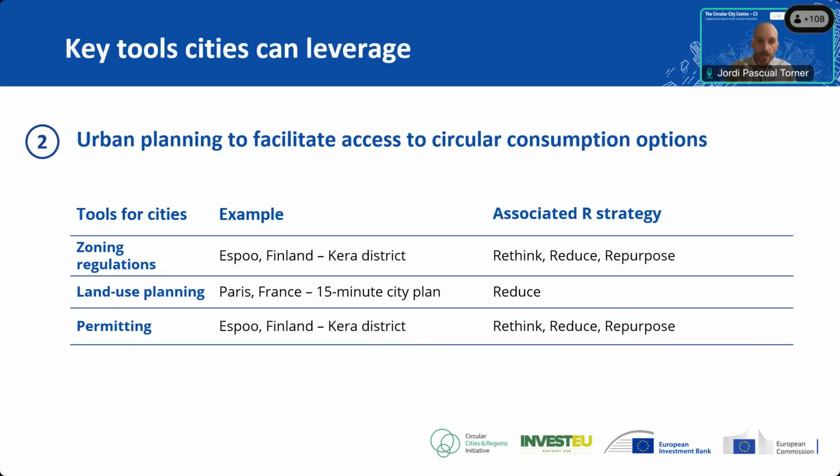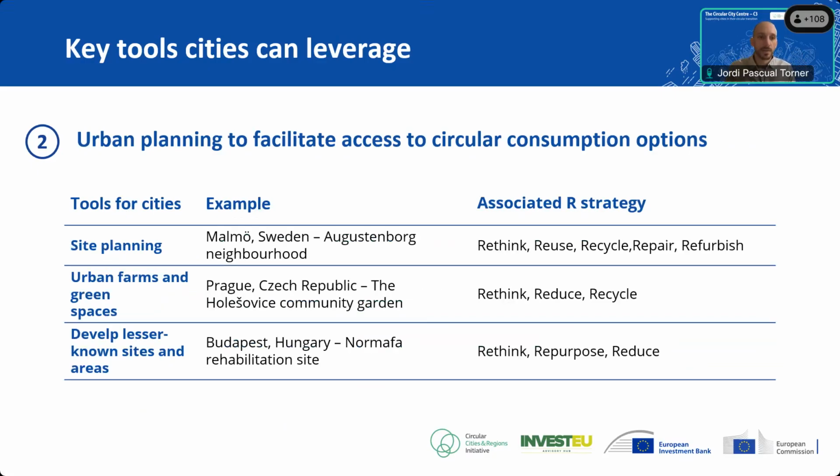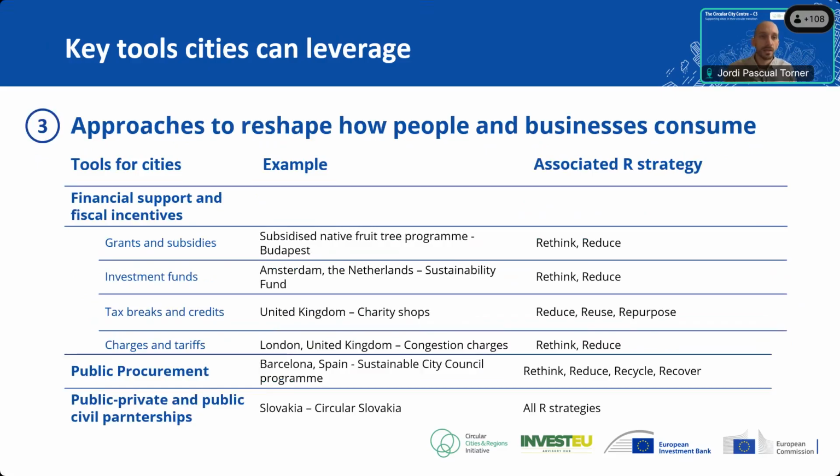And we can go in more depth into these topics at a later stage. And then the third tool that you have, if you go to the next slide, are financial support and fiscal incentives that you are very well aware of. Grants and subsidies, investment funds, tax breaks and credits, charges and tariffs, then the very well-known public procurement, then public-private and public-civil partnerships.